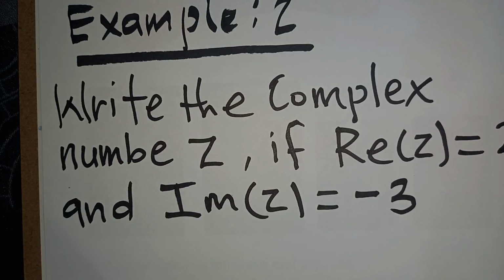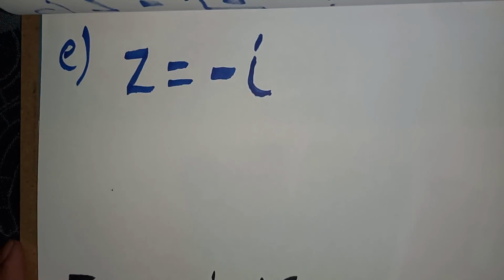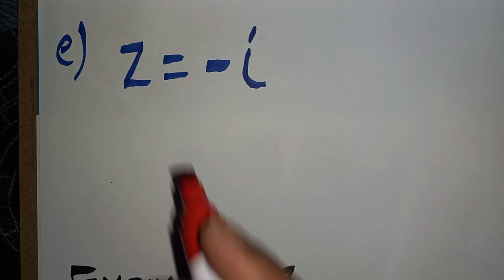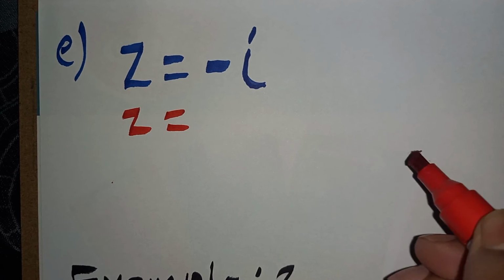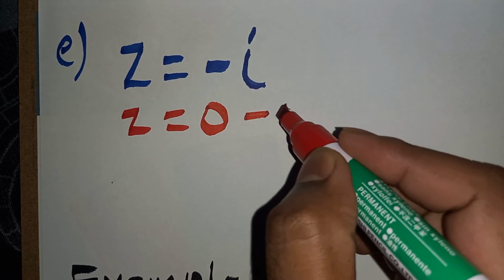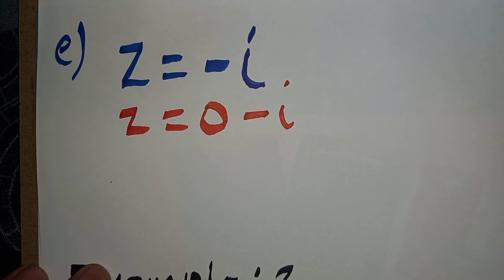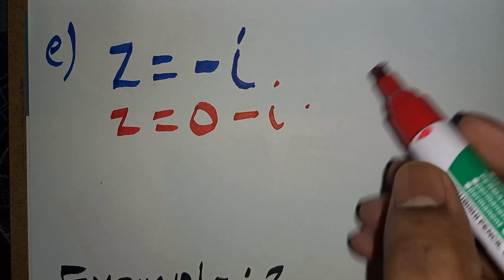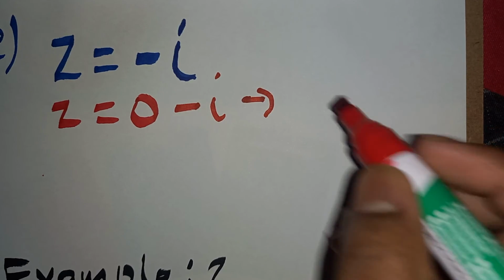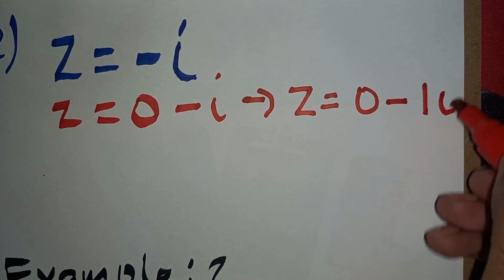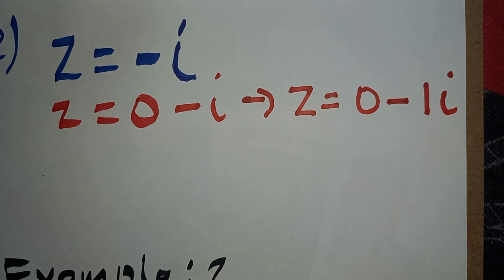Example part D, you have something as z is equal to minus i. So this time the real part is missing, right? You only have the imaginary part. Okay, so if I rewrite this, this will be z is equal to, the real part is 0 and the imaginary part is minus i, right? Now minus i means minus 1i, right? Just to make it more simple, this can be written as z is equal to 0 minus 1i. We normally don't write 1 like that, right?